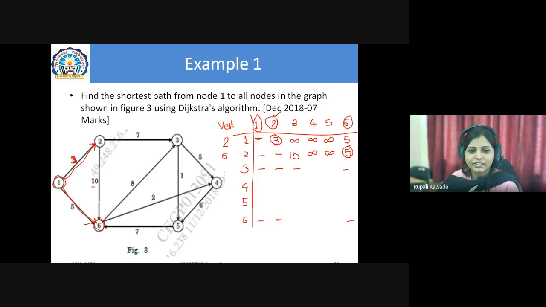Okay, if you take this 6 and its adjacent, which are its adjacent? Adjacents are 3, 4. Okay, 5 is not adjacent. So if you go to 3, its distance you can check, it is 13, right? It is a 13 distance. But if you take 2 to 3, 2 to 3.